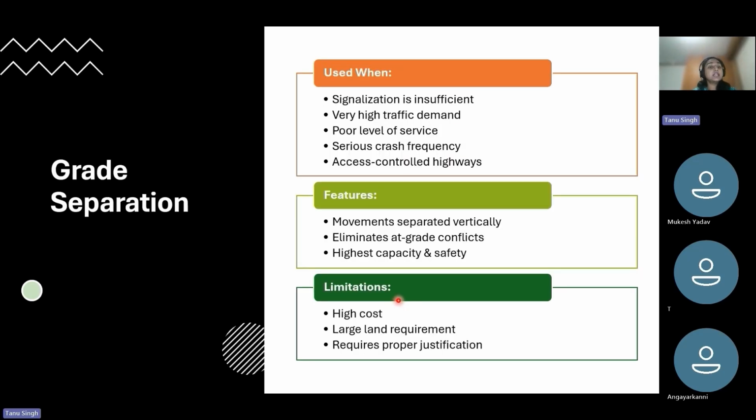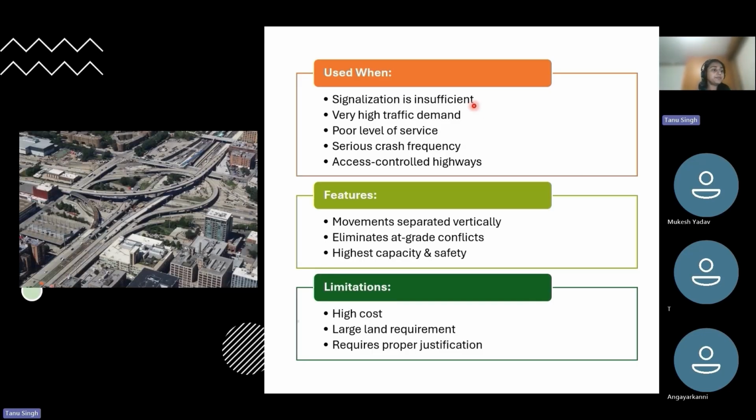Now coming to grade separation. If the traffic signal also fails to provide acceptable performance or reduce the number of conflicts, we use the highest level of control, that is grade separation. In grade separation, conflicting movements are separated vertically. That means one movement passes over or under another. This eliminates the at-grade conflicts completely.